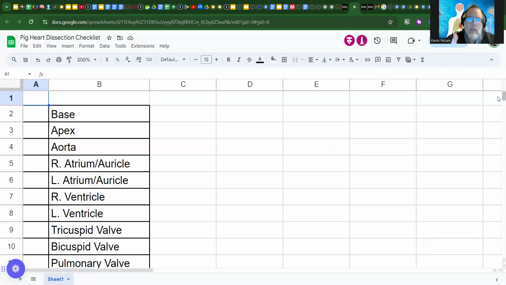And they're just a couple of structures. So I basically just demo the pluck, which is going to be trachea into the bronchi, into the lungs.